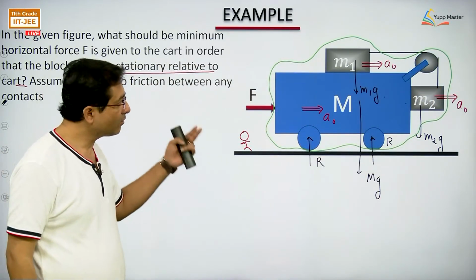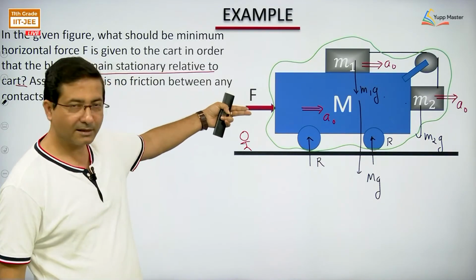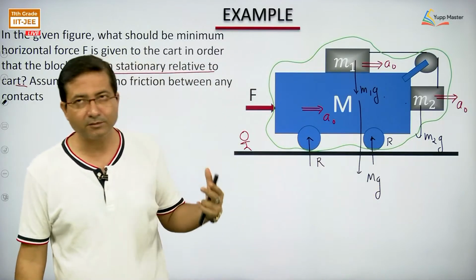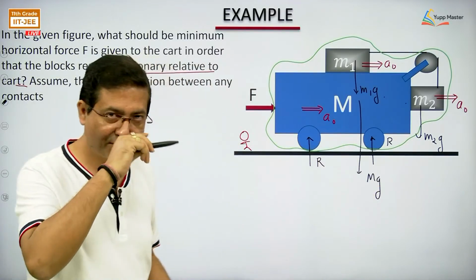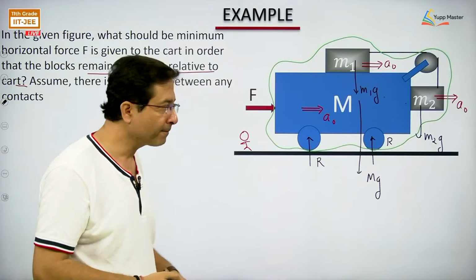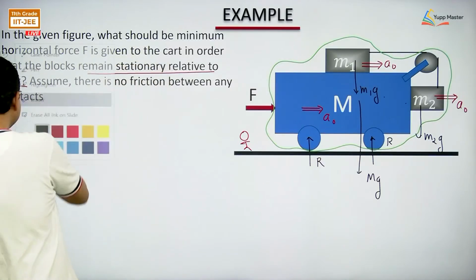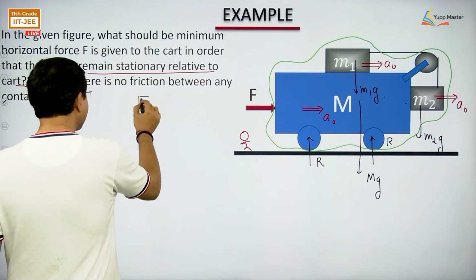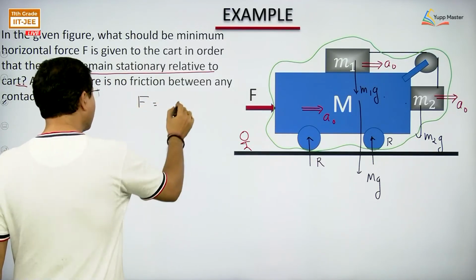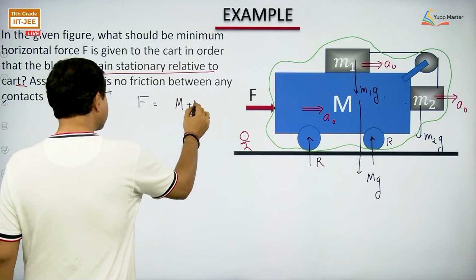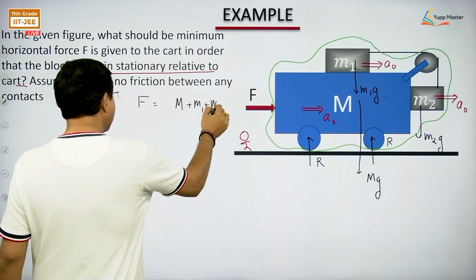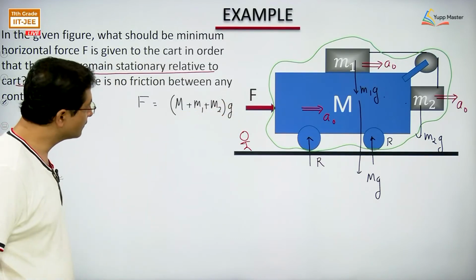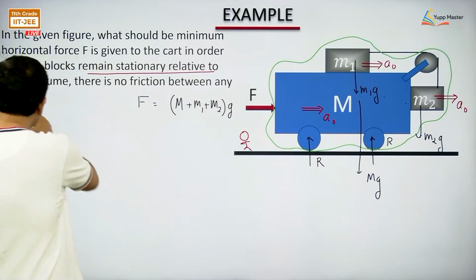And you can see on the system there is F acting in the horizontal direction and the remaining forces are vertical. So that means this F will accelerate the system. If this F is accelerating the system, I can write F is equal to (M plus M1 plus M2) times A naught.